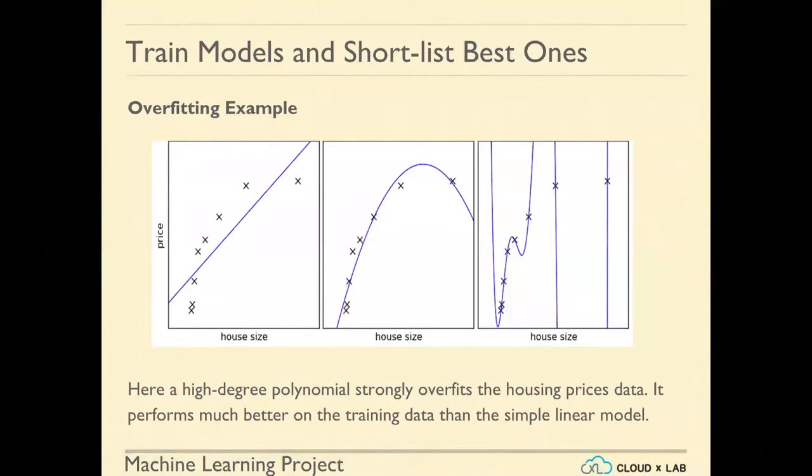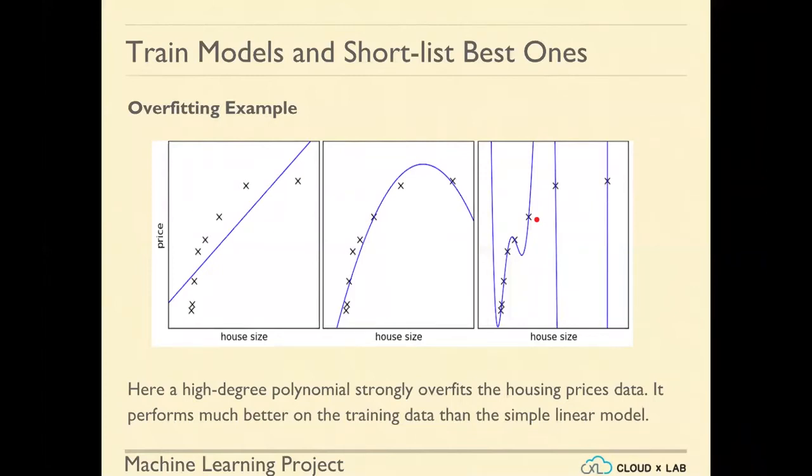So this is how we can visualize the two things. A higher degree polynomial strongly fits the housing prices data. It performs much better on training data than the simple learning model. Every data point you give it, it will predict exactly the same value.